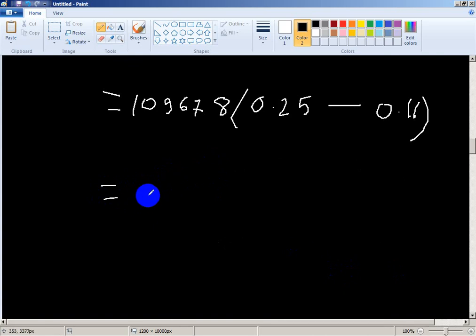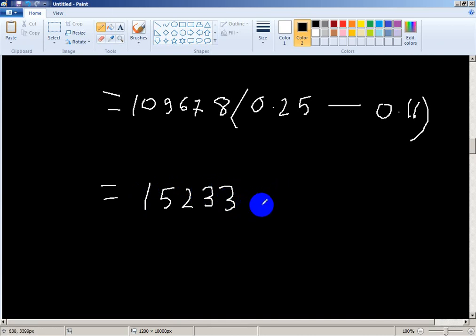So 0.25 minus 0.111, the answer we multiply by 109678. What is this value? 15233.